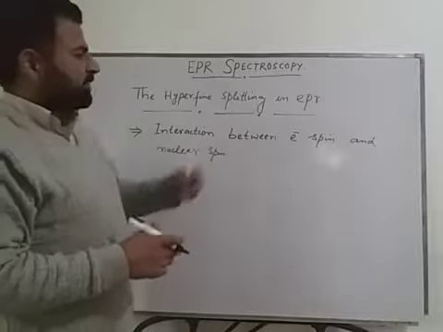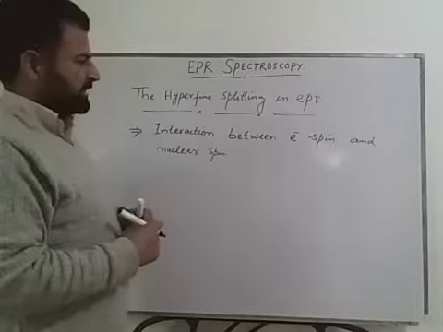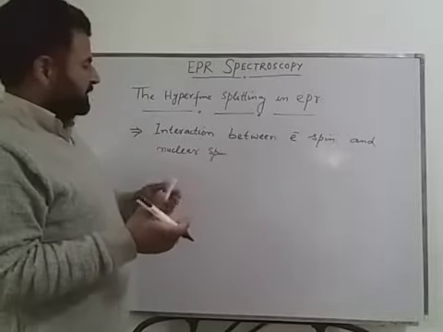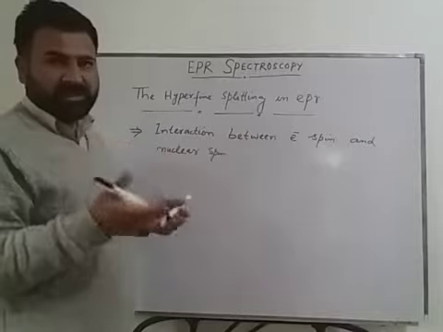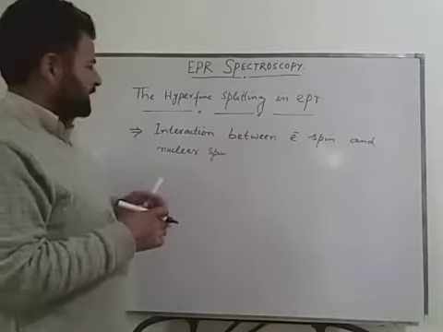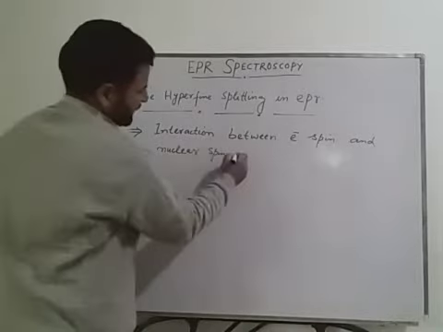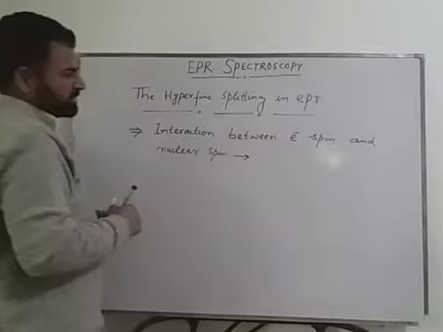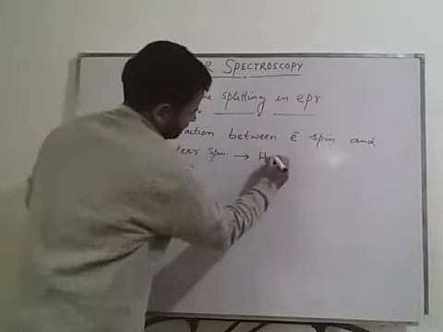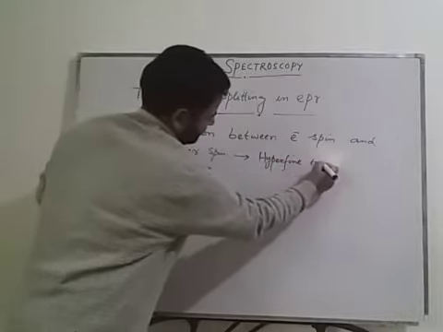So if an electronic spin and a nuclear spin are very close to each other, that means if the unpaired electron is on an atom which also has a nuclear spin, then the interaction between the electron spin and the nuclear spin is possible. As a result, what happens? The interaction between the two spins is called hyperfine interaction.